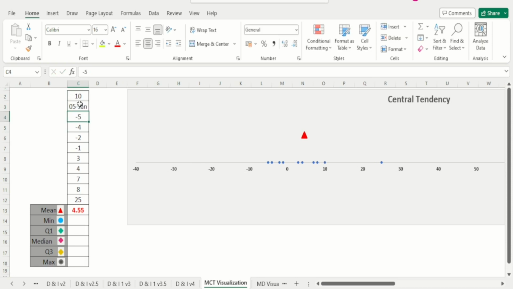We have 5. Change this to number. And then you have -5, 4, 6, 8, 12. I'm just randomly entering some numbers here. 6, 4, -8, right, and 10.